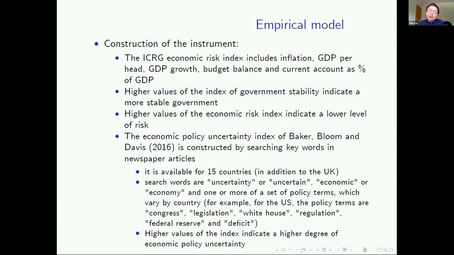And the index of economic policy uncertainty is based on word searches. It searches for words like uncertainty or uncertain, economic or economy, and then a set of policy terms. For the US, for example: Congress, legislation, White House, regulation, Federal Reserve, and deficit. It searches in newspaper articles, and higher values of the index indicate a higher degree of economic policy uncertainty.